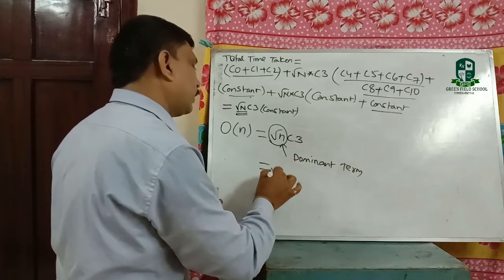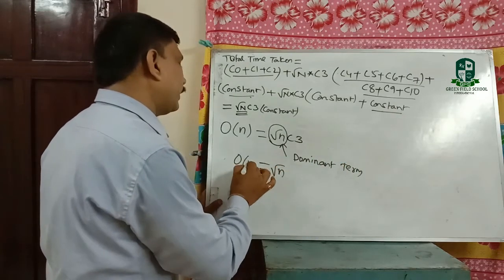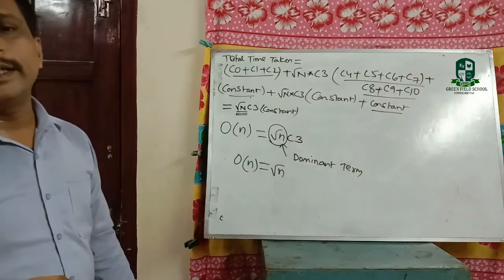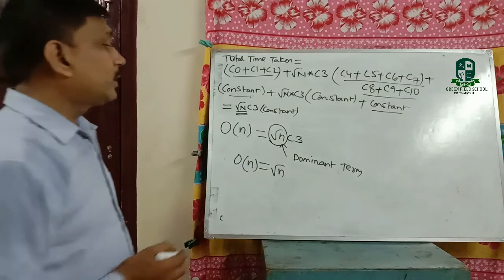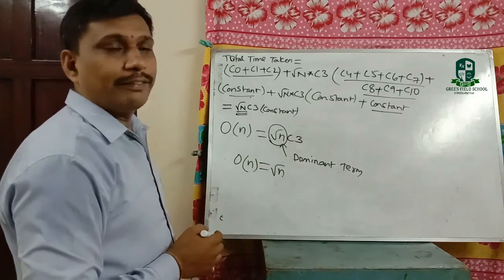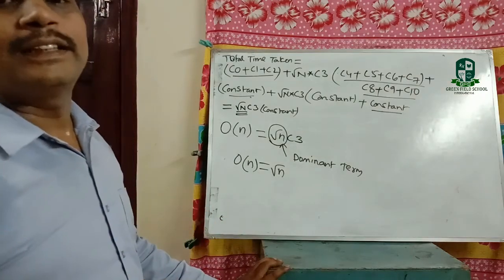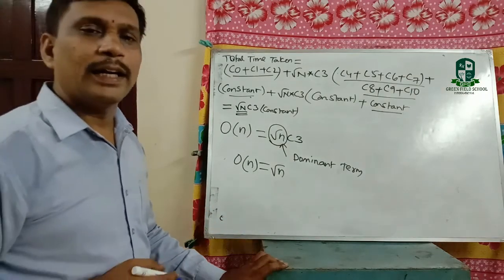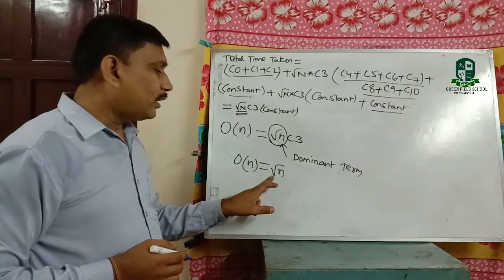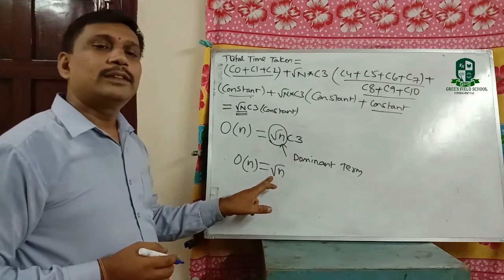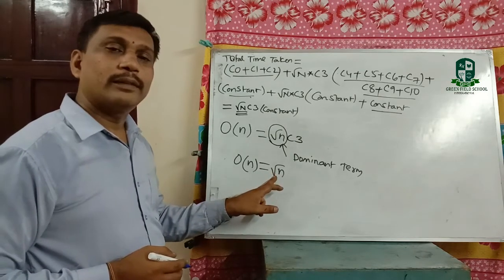That's why here it is root n. So the order is root n. For this second technique, when we calculate whether the given number is prime or not, the big O time complexity is root n.